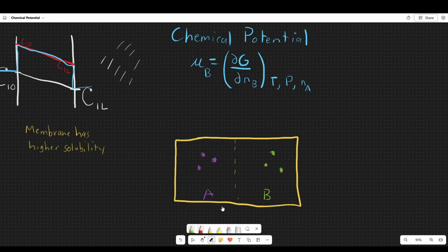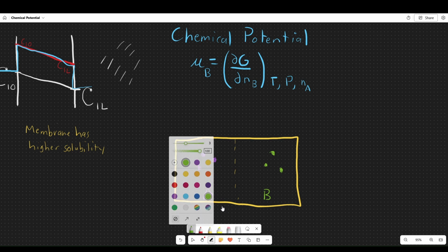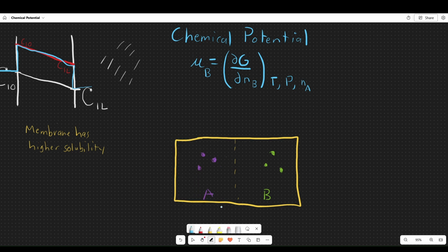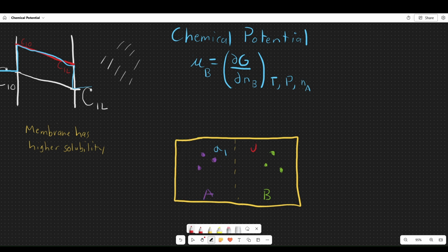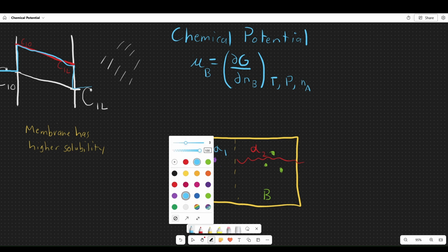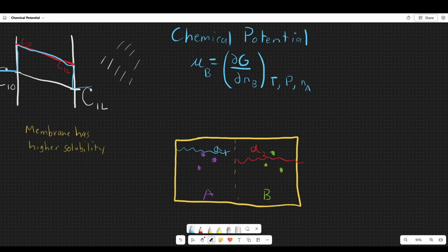Perfect. And these are both dissolved in, let's say, some medium, right? Call it alpha 1 on this side, and it's dissolved in alpha 2 on the right, right?